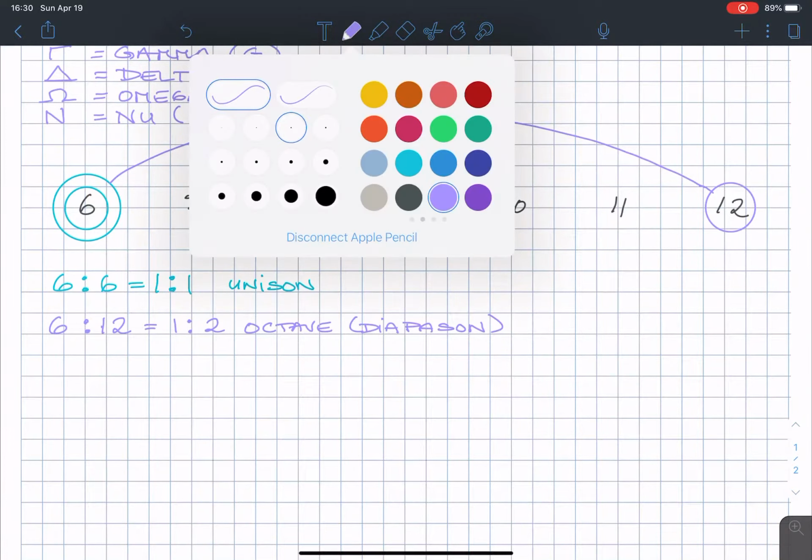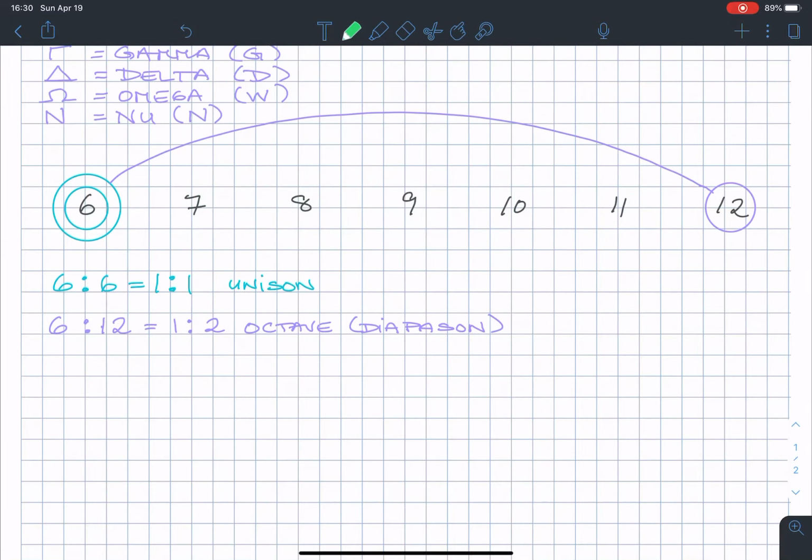Now let's go, what color shall we use? I've used blue. Let's use, I don't know, green. Let's go from 6 to 9 now. 6 to 9. But actually, before I do that, maybe I should note something.